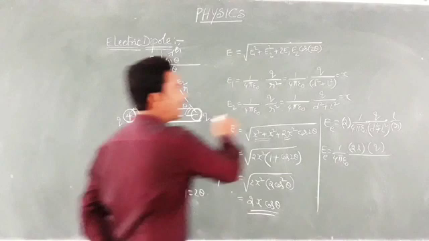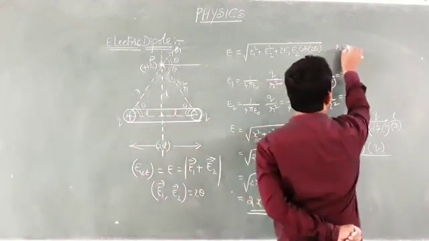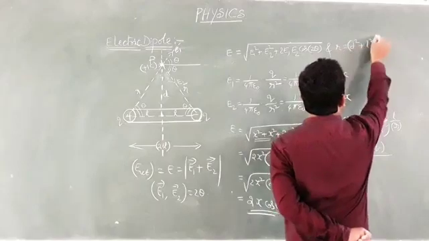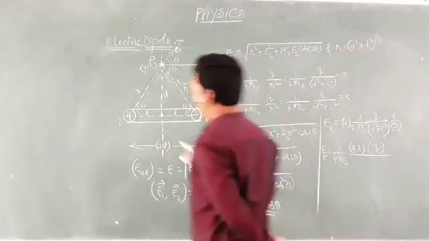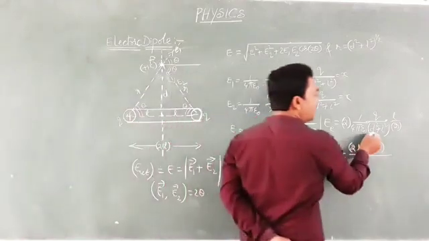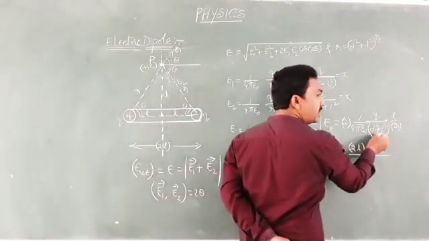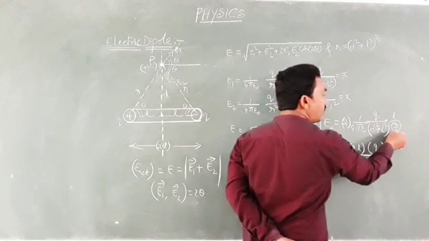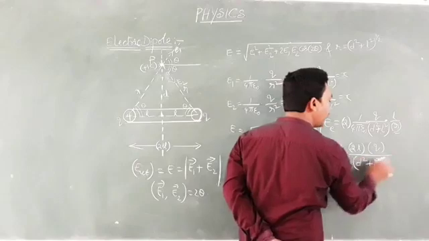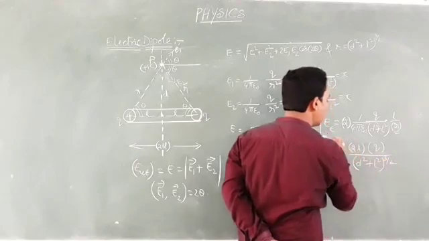Shall I write here? R equal to (D square plus L square) whole power 1 by 2, because of this right angle triangle equation. Then here it is (D square plus L square) into (D square plus L square) whole power 1 by 2. So this will be (D square plus L square) whole power 3 by 2, the final equation.